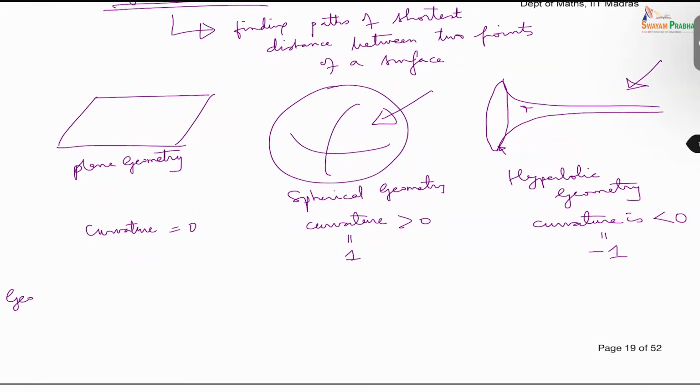Now here comes the question: what are the geodesics? Geodesics in the plane geometry case are straight line segments. And in the case of spherical geometry, if I take 2 points on the sphere in 3D, I could as well have joined those 2 points and taken the chord, but that's not allowed. I am supposed to move only on the sphere.